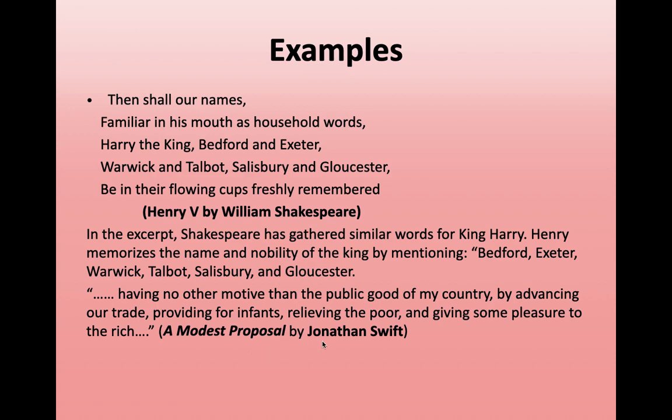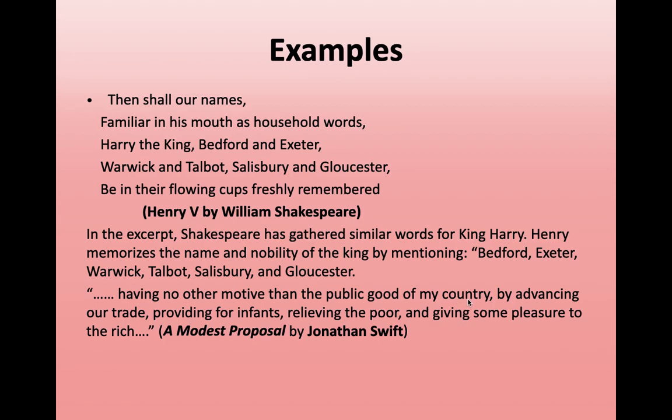In A Modest Proposal by Jonathan Swift: "Having no other motive than the public good of my country, by advancing our trade, providing for infants, relieving the poor, and giving some pleasure to the rich." This list actually shows us the condition that the country is in, which is no good.